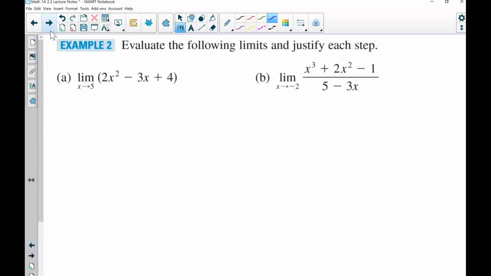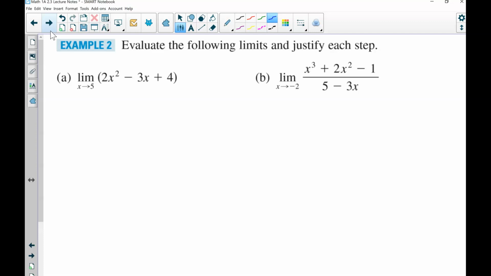Okay, now for example number 2, they want us to evaluate the function limits and then justify each step. Okay, so let's go ahead and do that. For the very first example, we have the limit as x approaches 5 of the function 2x squared minus 3x plus 4. By justifying, we're just going to use the laws that have been given from 1 through 11, and we're going to decide which law is doing what.